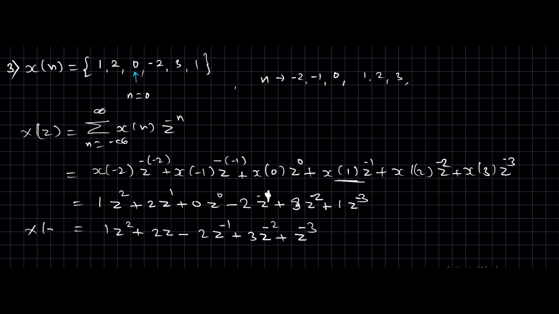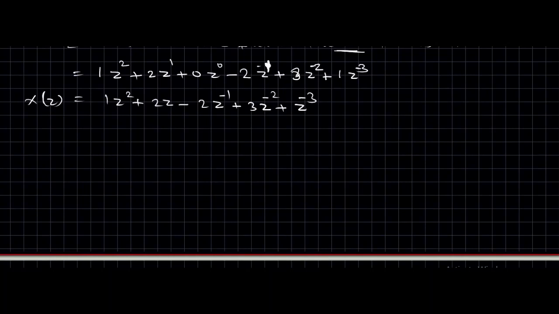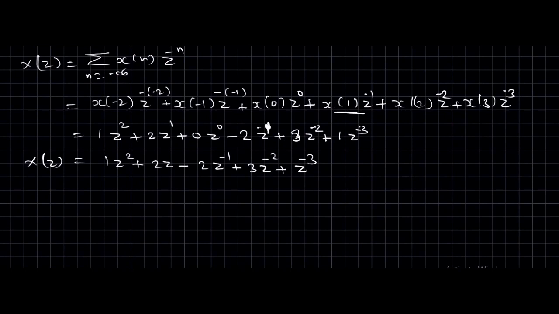Now we have X of z, the z transform of x of n. Let us substitute z equal to 0 and see the region of convergence. If you substitute z equal to 0 in this equation, the negative powers of z blow up, so you will not get a finite value.